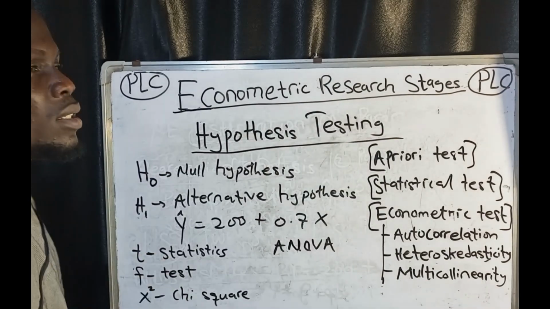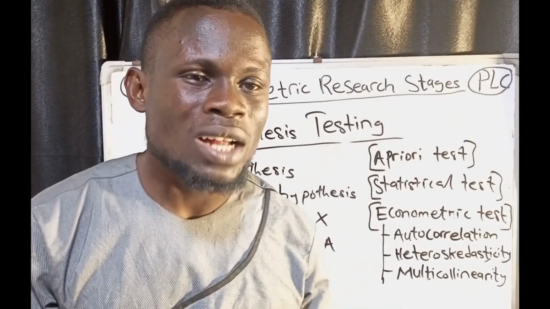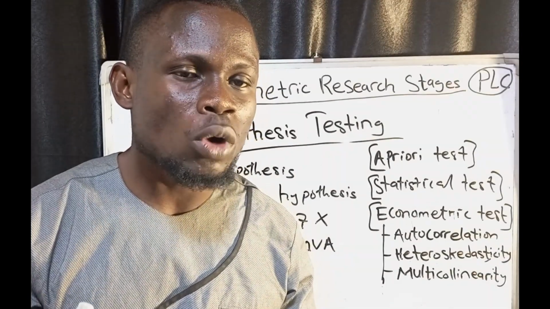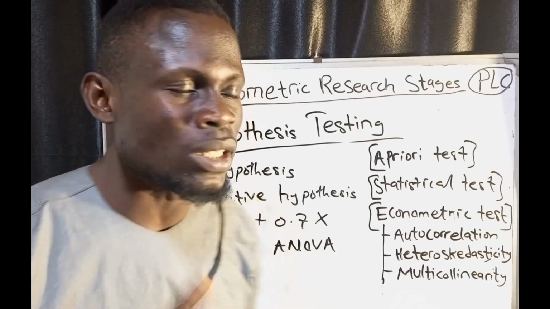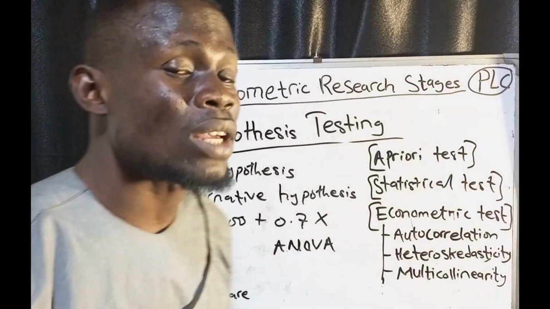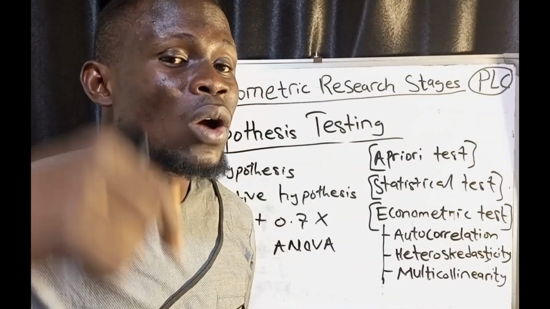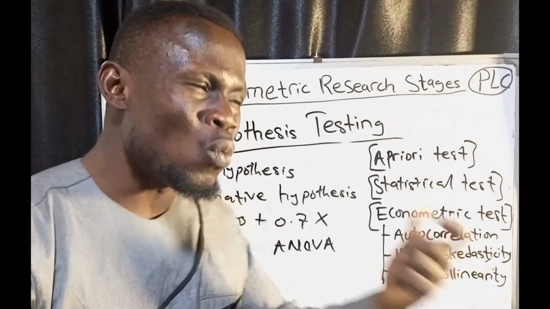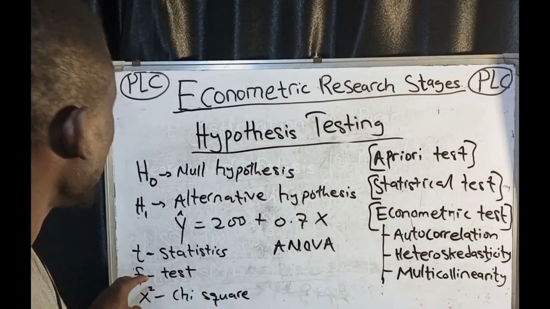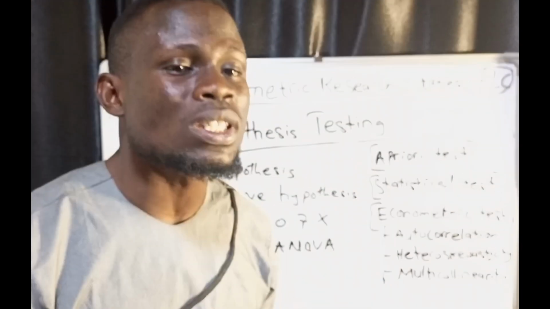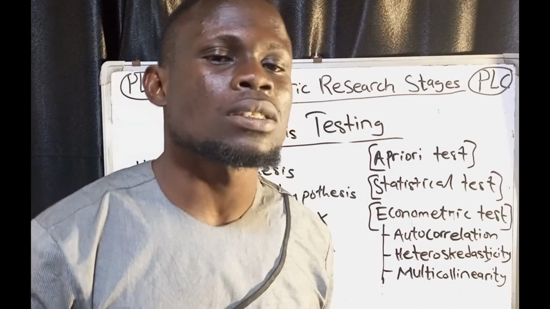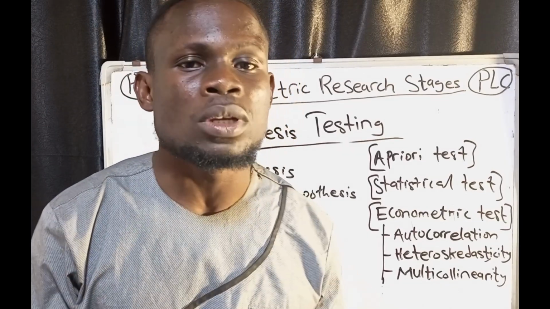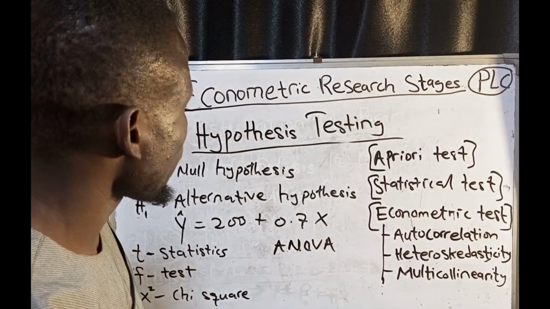The T statistic is majorly used to test the statistical significance between one independent variable and one dependent variable, while the F statistic is used to test the statistical significance of more than one independent variable on a dependent variable.